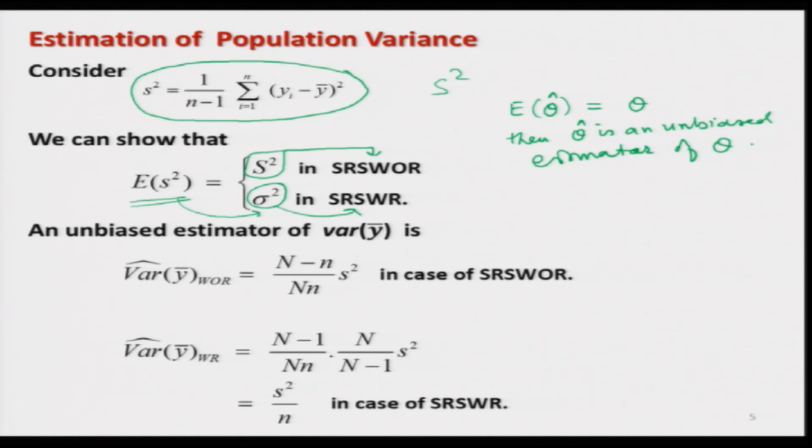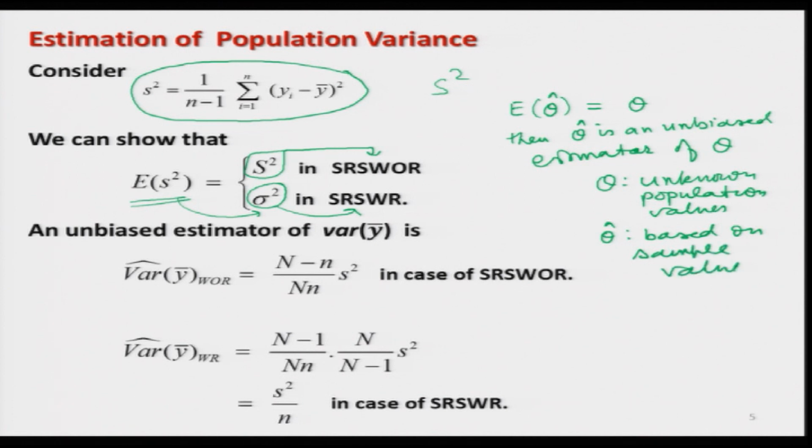Now, theta is unknown to us and is based on population values, whereas theta hat is based on sample values. So, we can compute it on the basis of a given sample of data. If theta is unknown to us, it can be estimated by theta hat.